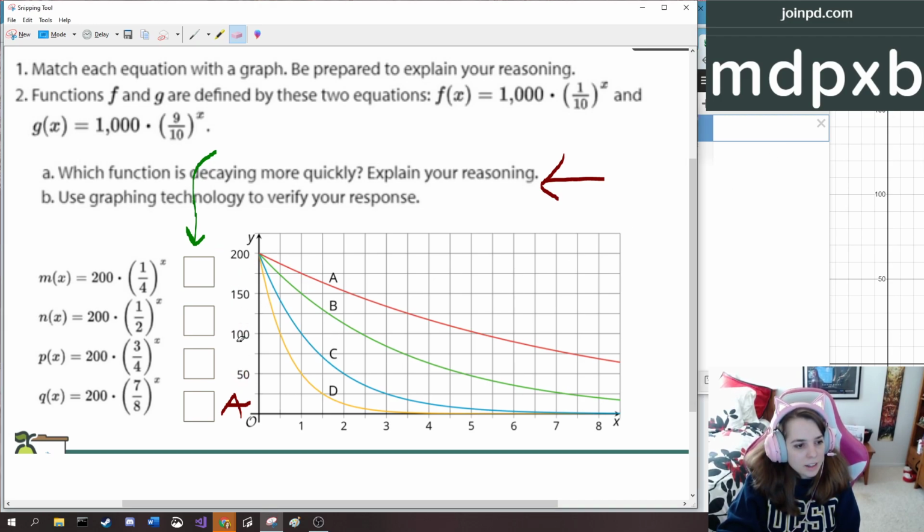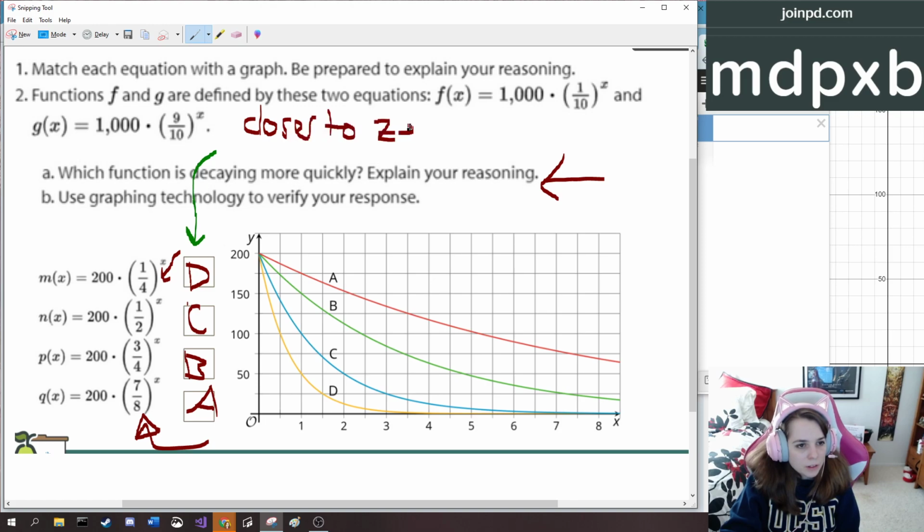So this is indeed the fastest decaying one: it's going to be when the rate's the smallest, and the one that decays the slowest is going to be the one with the value closest to 1. So the closer to 0, and again, this is only true when the rate is less than 1.